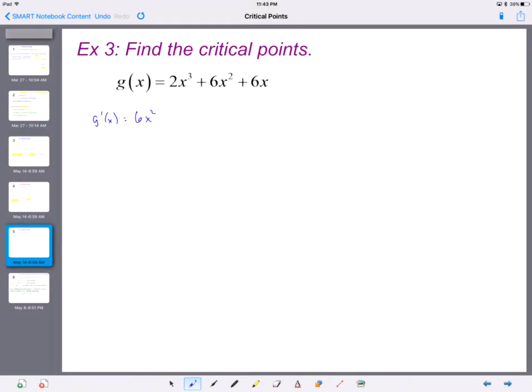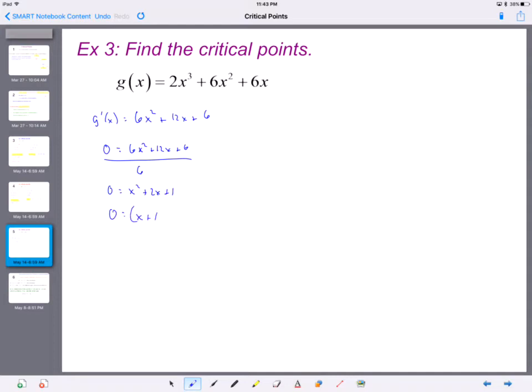So that's 6x squared plus 12x plus 6. Set it equal to 0. This one, there's a 6 in common, so I'm going to divide everything through by 6. Make it a little bit easier on me.